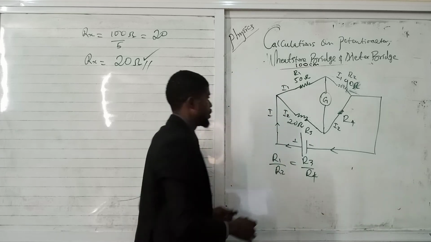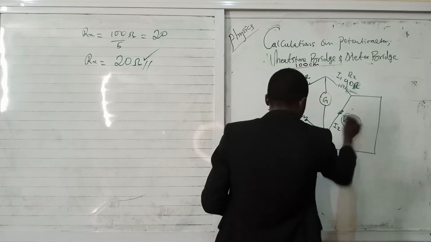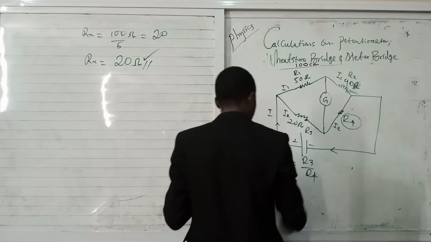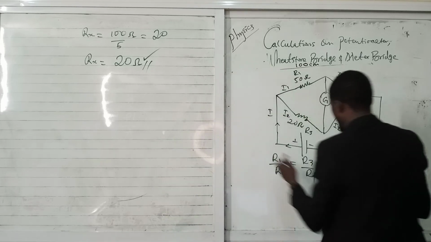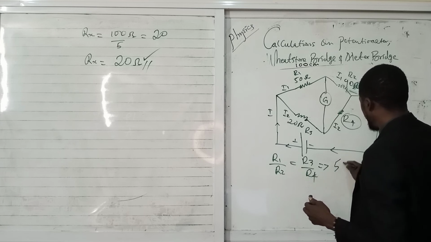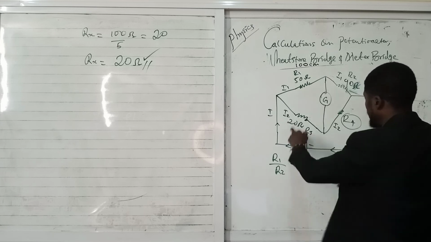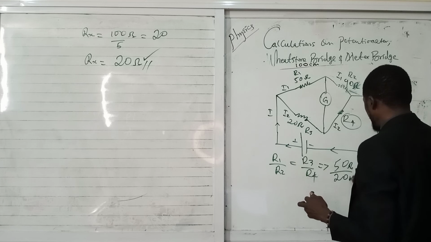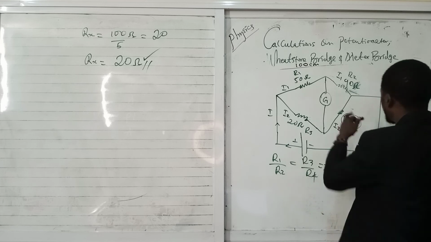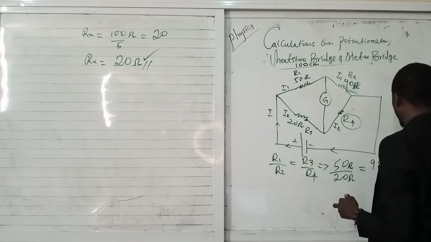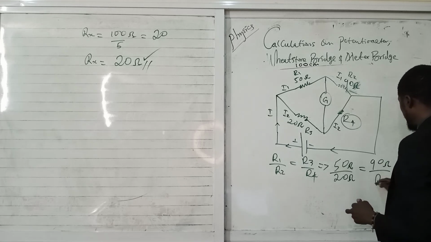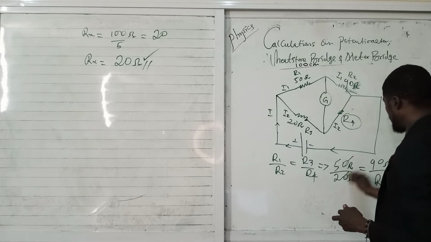This is a shortcut. So we're looking for this one. Your R1 is 50 ohm divided by 20 ohm is equal to 90 ohm divided by R4.